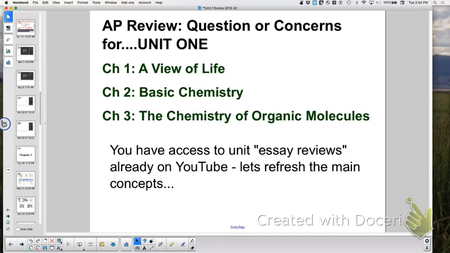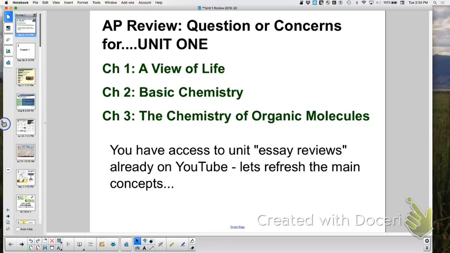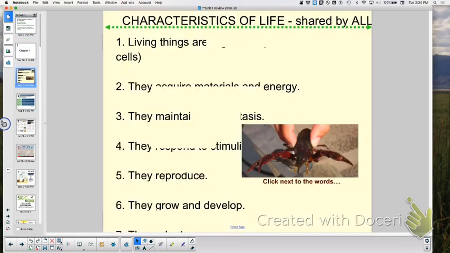So we just need to make sure we remember how we put all of this together and how it fits into what we know. So that's what we were doing here. Chapter 1, the very first thing we talked about was the characteristics of life. Let's go through those super fast.